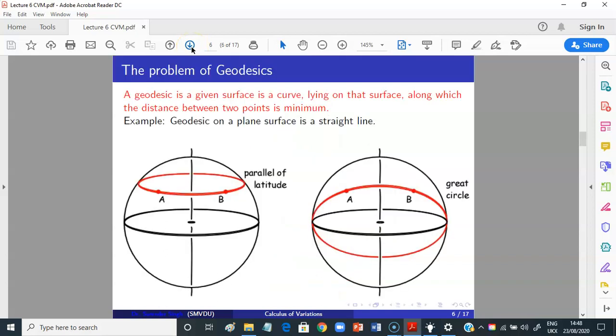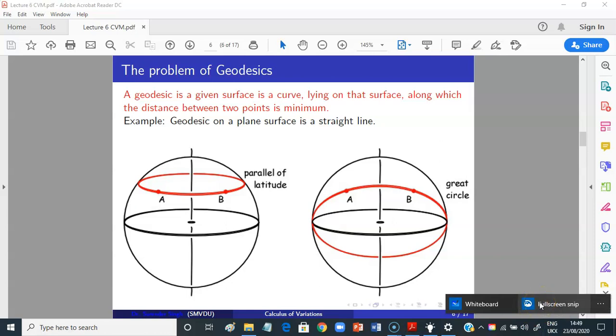Now come to the next thing. Next is the problem of geodesics. What is the problem of geodesics? Geodesics of a given surface is a curve lying on that surface along which the distance between 2 points is minimum.